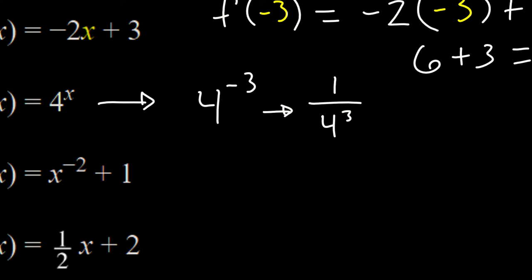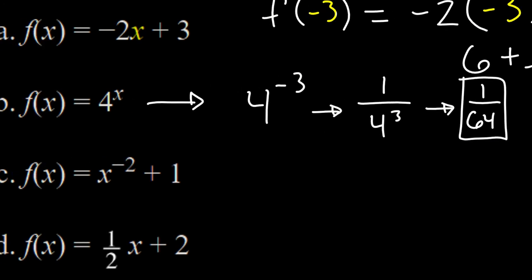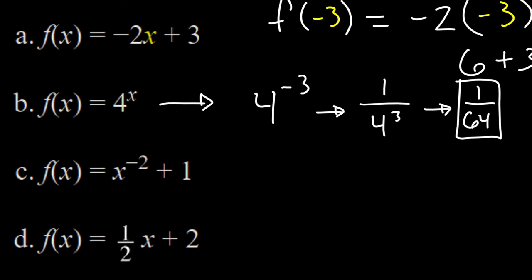So that 4 to the third power is simply going to be 1 over 64. So for part B, when f of x is 4 raised to the x power, I end up getting 1/64th when negative 3 goes in.